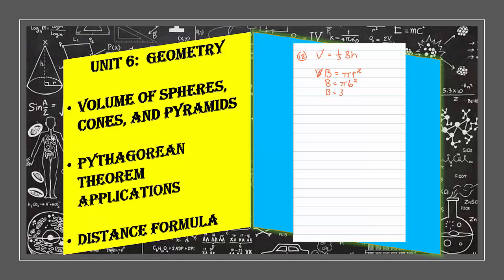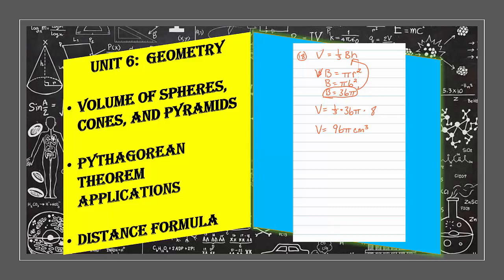And now that we know the value of the base, we can take that and plug it back into our original formula. Volume is equal to 1/3 times the base, which is 36 pi, times the height, which is 8. And we can clean this up a little bit. 1/3 times 36, so that would be 12, times 8 is 96, so volume is equal to 96 pi centimeters cubed.